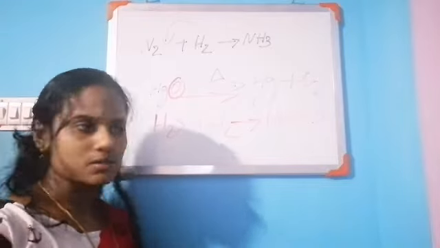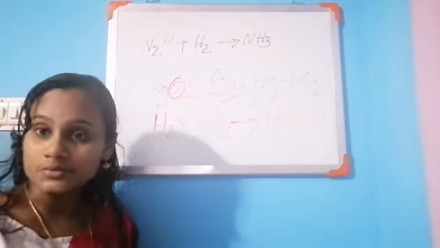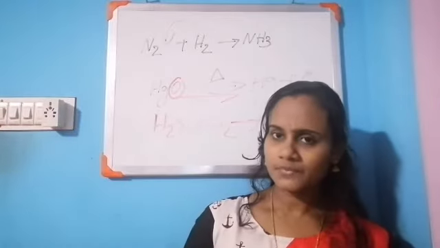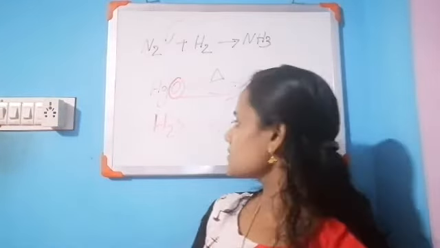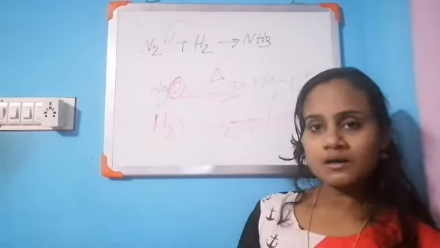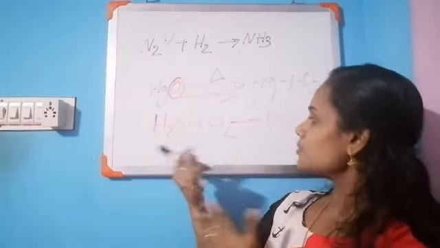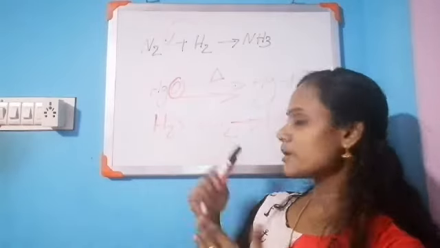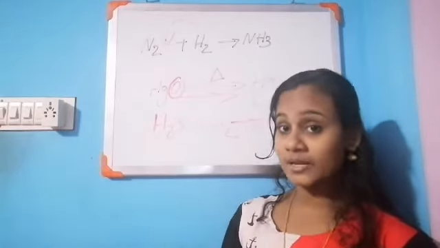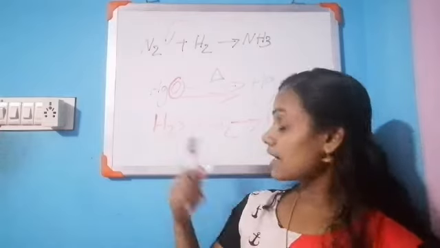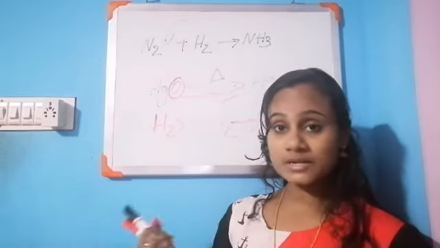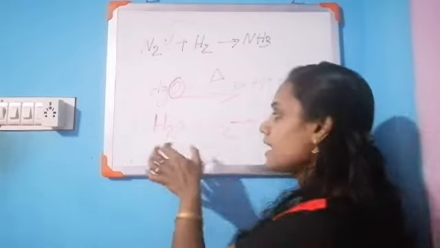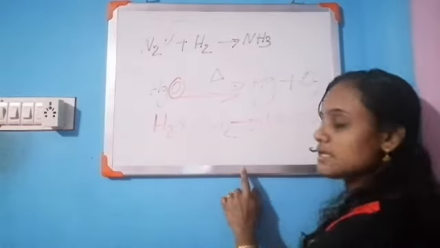Now I tell you hydrogen sulfide is a reducing agent. In the class before, I told you chlorine is an oxidizing agent, but at that time I did not mention that hydrogen sulfide acts as a reducing agent.